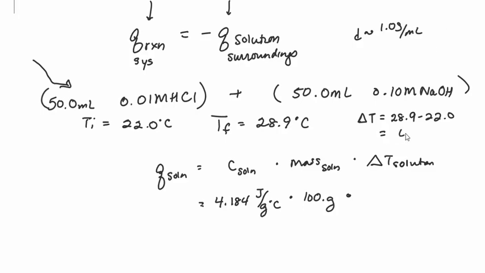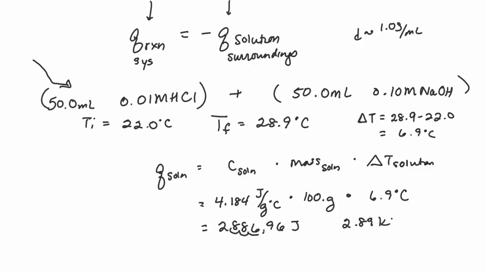So when I multiply all of these things together, I get 2886.96 joules. I would report that in kilojoules because that would be easier. So I move this over 3, 1, 2, 3, and I get 2.89 kilojoules for the heat of my solution.